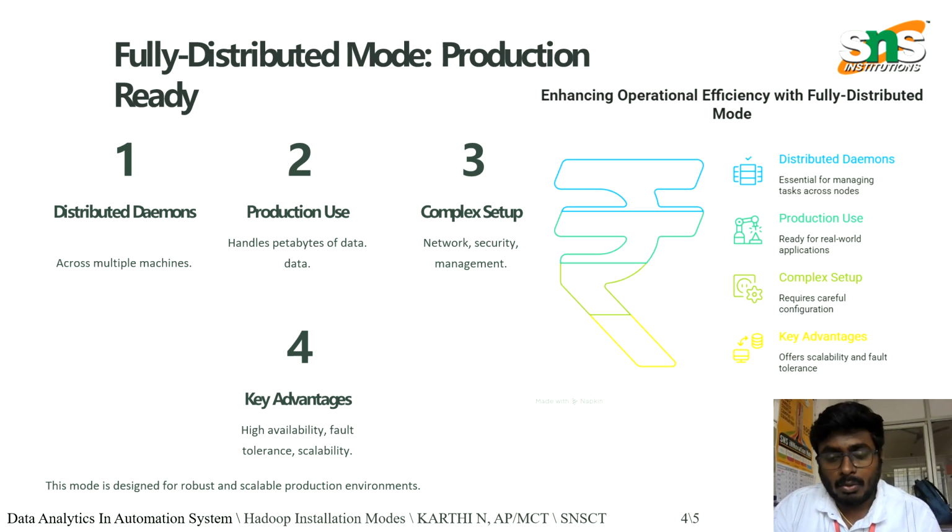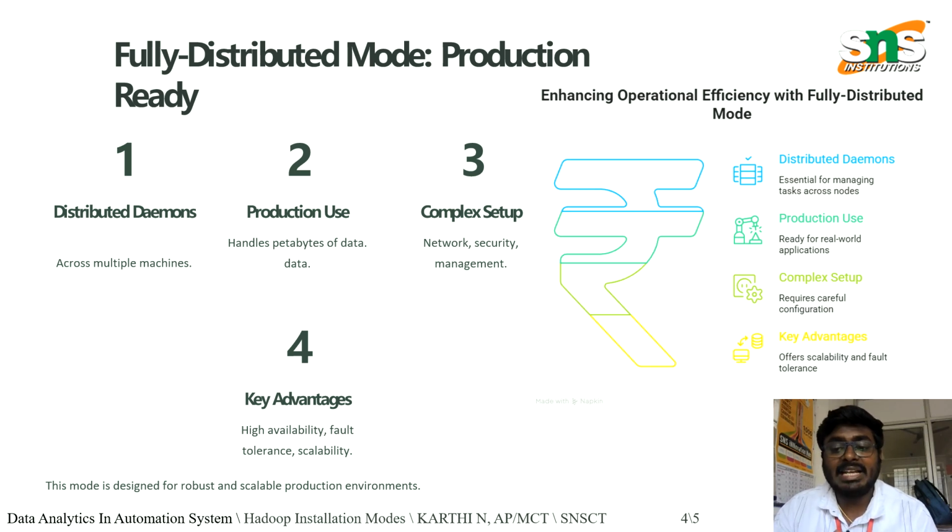It works by Hadoop running across multiple physical and virtual machines. Daemons are spread across multiple nodes, like the NameNode and secondary NameNode on different machines, multiple DataNodes, and the ResourceManager, while a NodeManager works on each node.